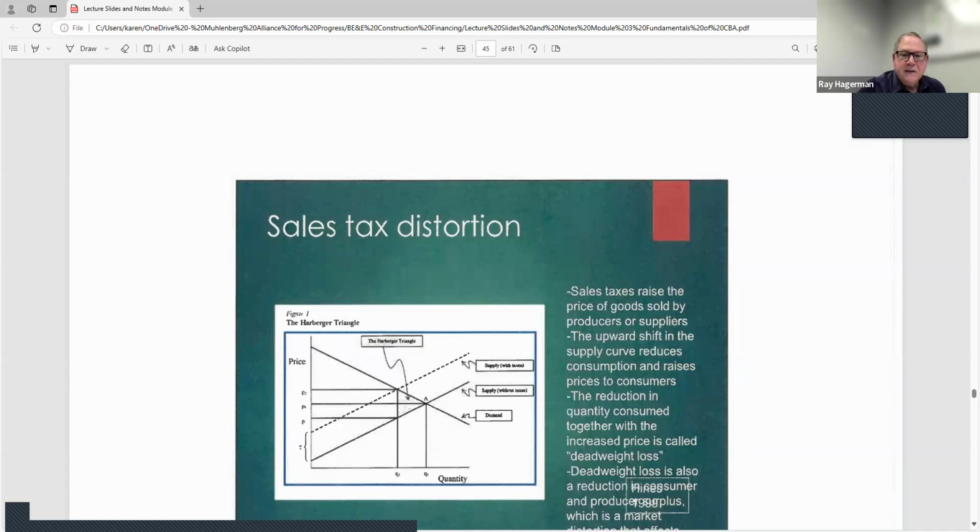As you can see, the supply decreased as a result of taxes, but the price ended up increasing. So when you went from P to P1 to P2, and you went from quantity one down to quantity two, you actually created a deadweight loss situation with the triangle that you see there with the arrow.